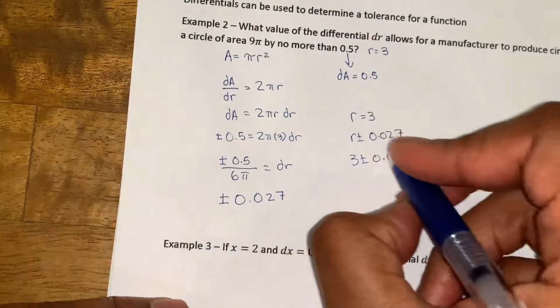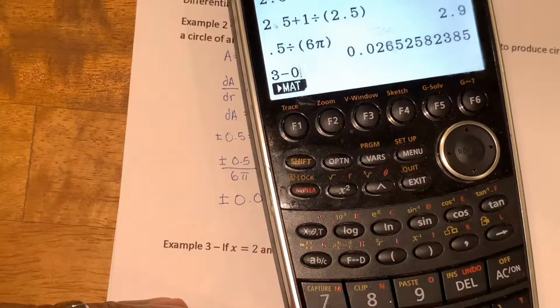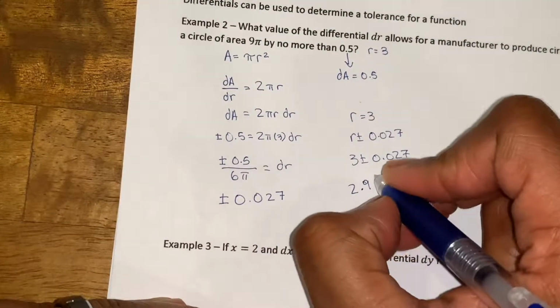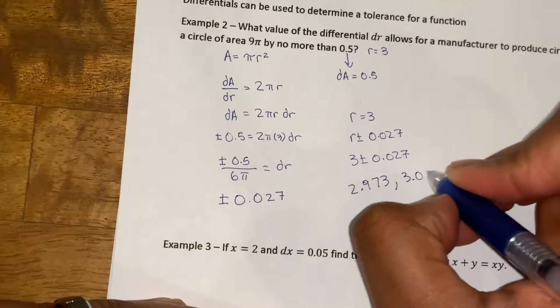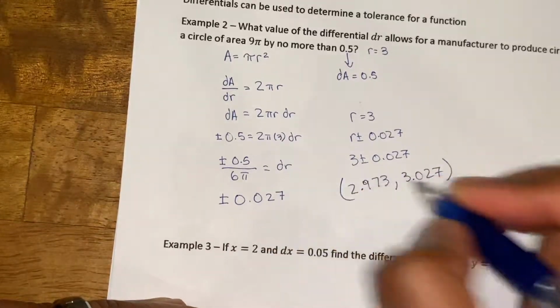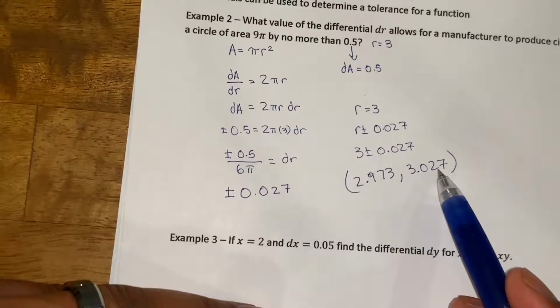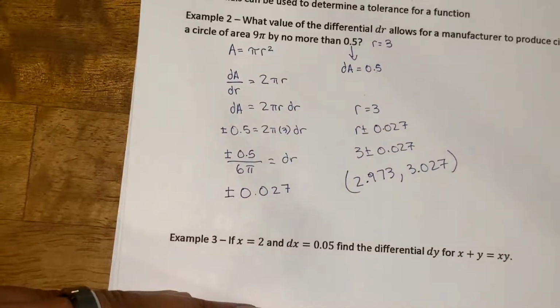So 3 minus 0.027 is 2.973, to 3.027. This is the range of values for the radius that give us an area close to 9 pi.